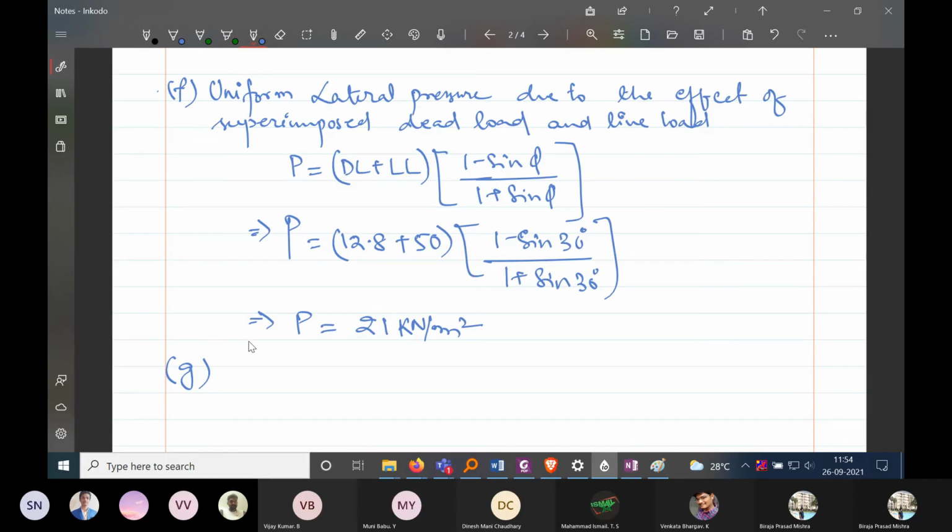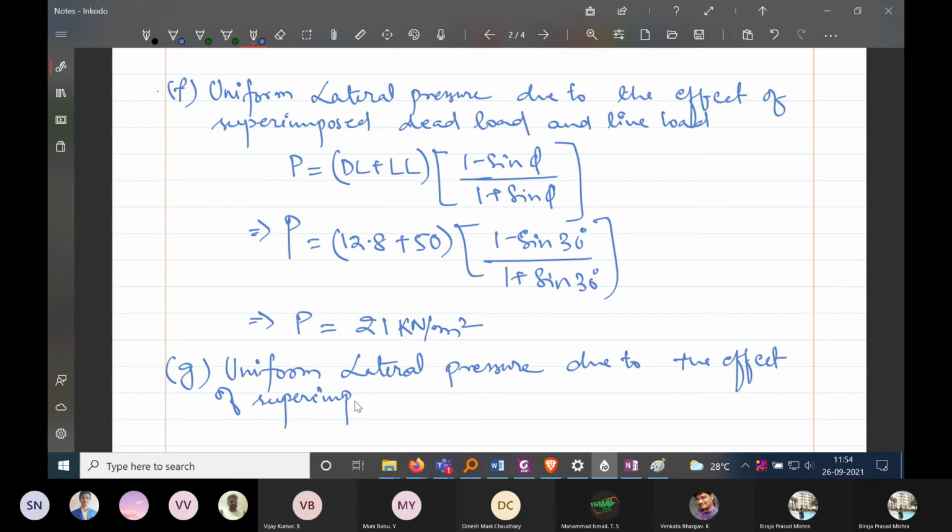So we can also write, uniform lateral pressure due to the effect of superimposed dead load, surcharge only. Surcharge means it is somewhat extra, we are saying.